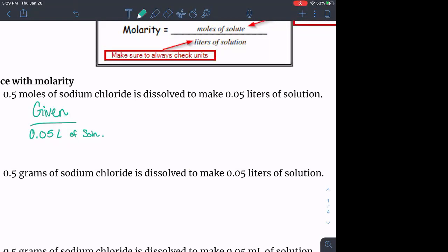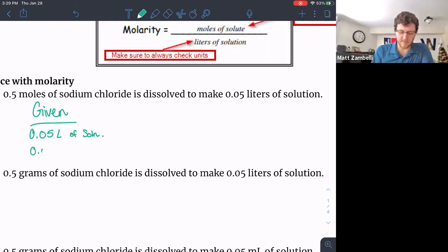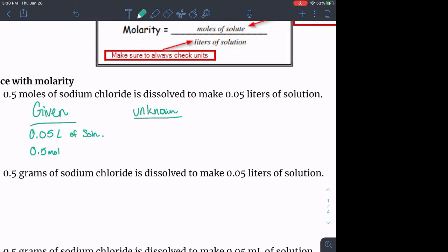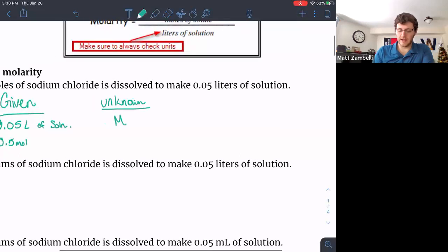The moles. We know the moles. We know it's 0.5 moles. All right, what are we looking for then? Molarity. The molarity, perfect. So we're looking for molarity. So let's use our molarity equation. Molarity equals moles over liters.